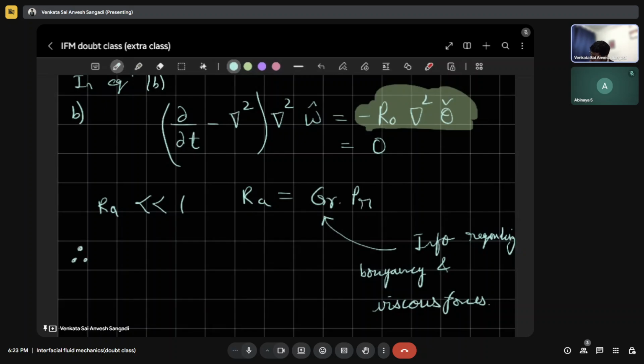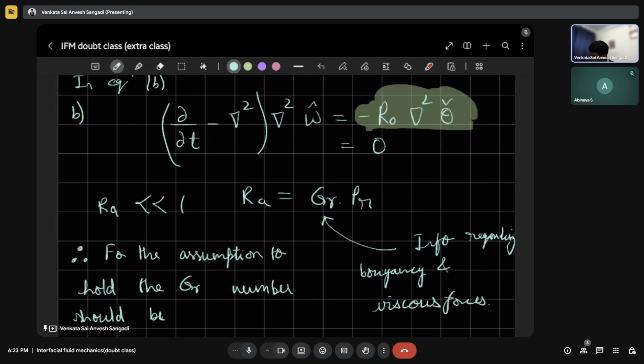Therefore, for the assumption to hold, the Grashof number should be small.